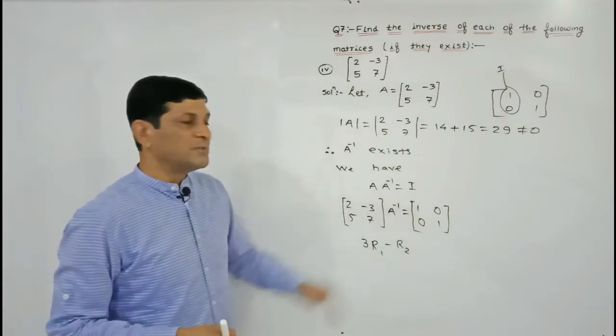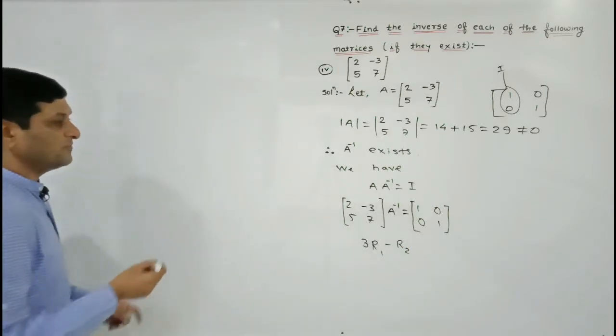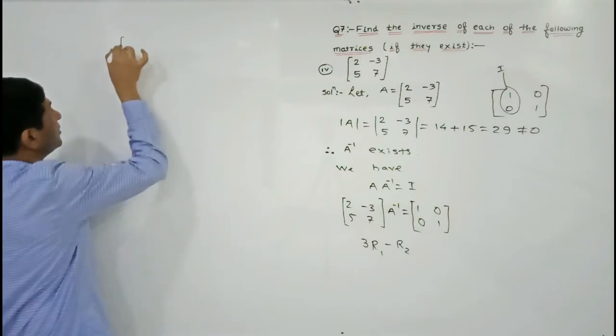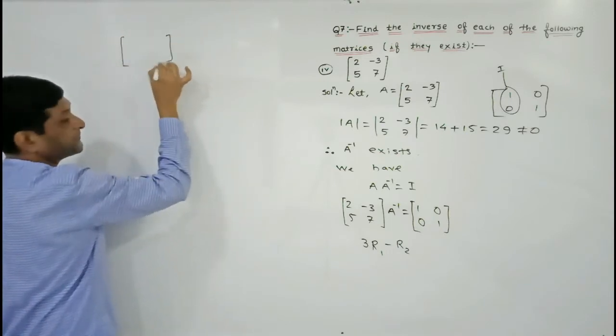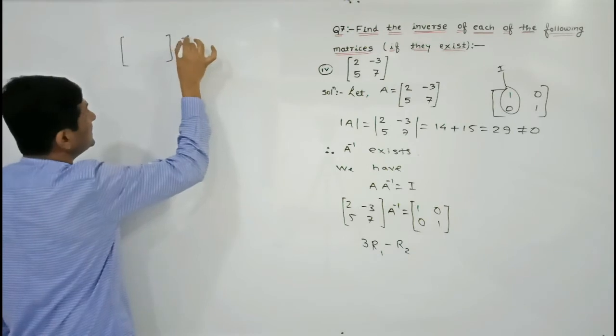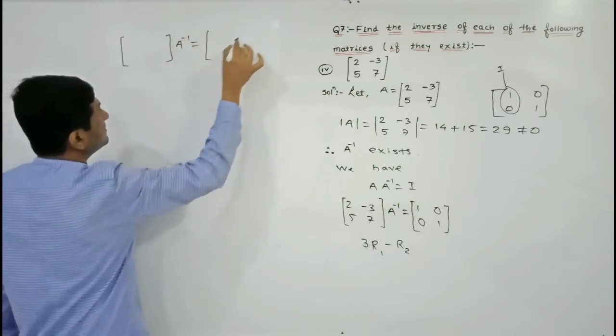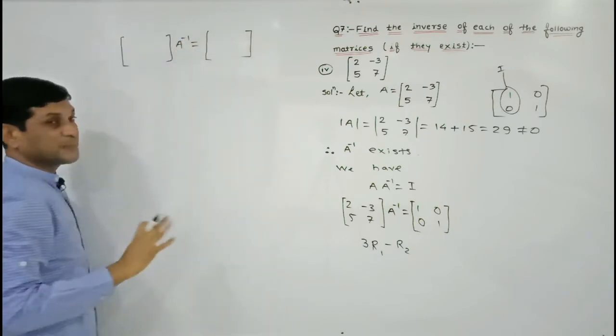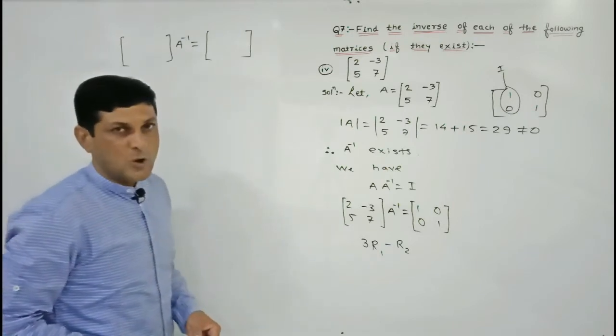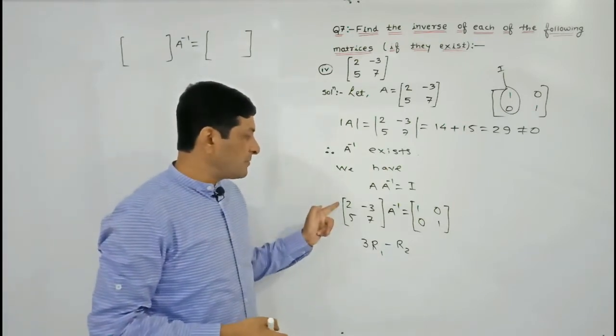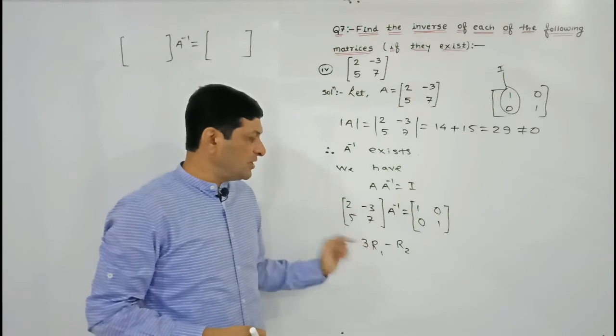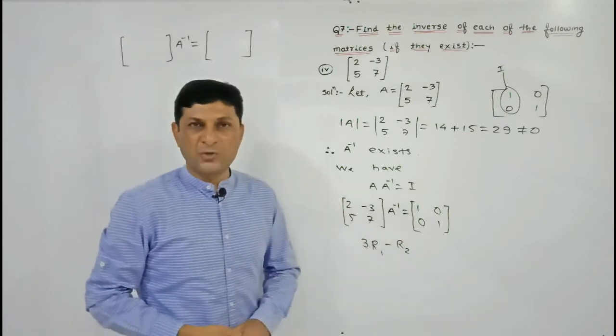So let us perform this operation on the elements of R1. So observe the operation very carefully, because in the calculation part, if a mistake takes place, our answer will go wrong, isn't it? So here we are multiplying R1 by what? 3, and we are subtracting R2 from it.